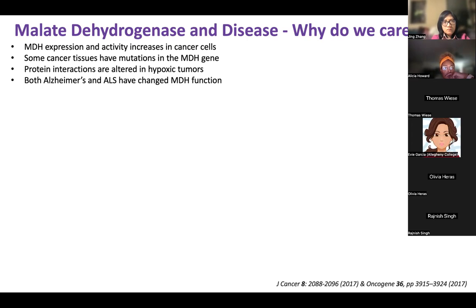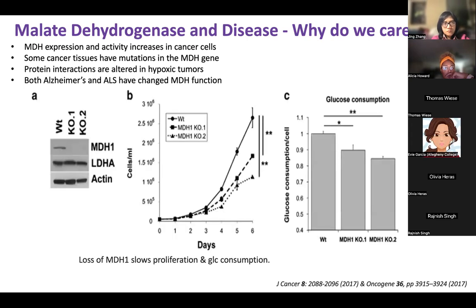Both Alzheimer's and Lou Gehrig's disease, or ALS, have been published to show different kinetic results in the tissue from these samples. In a cancer journal a couple of years ago, they showed that when they did knockouts of MDH1 in two different cell lines with plenty of LDH and actin, the cells without MDH1 had a decreased proliferation rate.